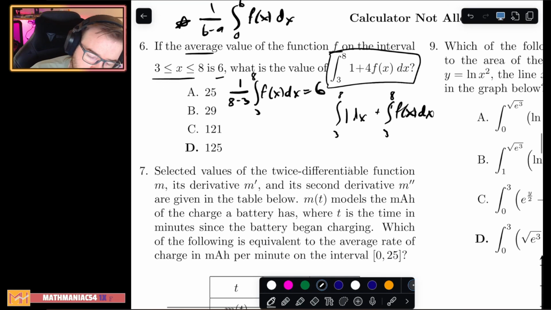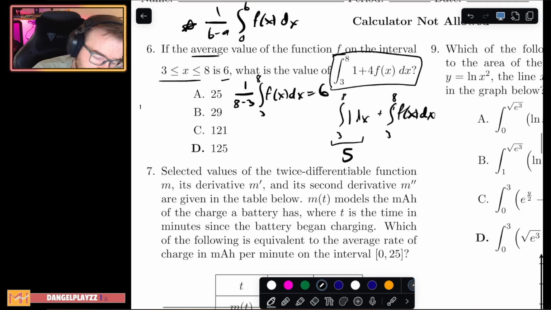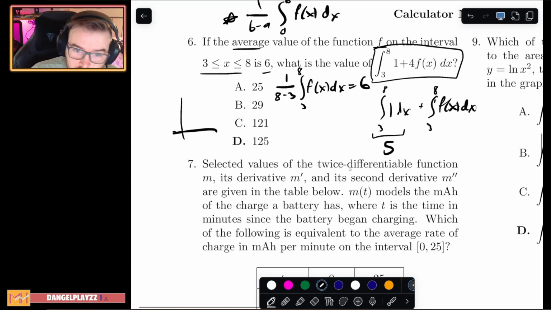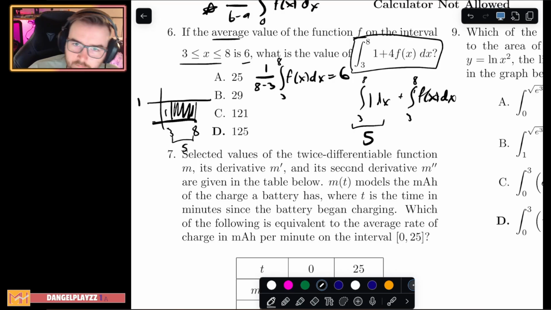Okay. This integral is easy. It's just 8 minus 3, which is 5, times 1, which is 5, right? This is just a horizontal line. I'm thinking of it graphically. It's a horizontal line at 1, and I just want to know the area underneath it from 3 to 8. So that's a base of 5 and a height of 1. 1 times 5, it's 5, right?